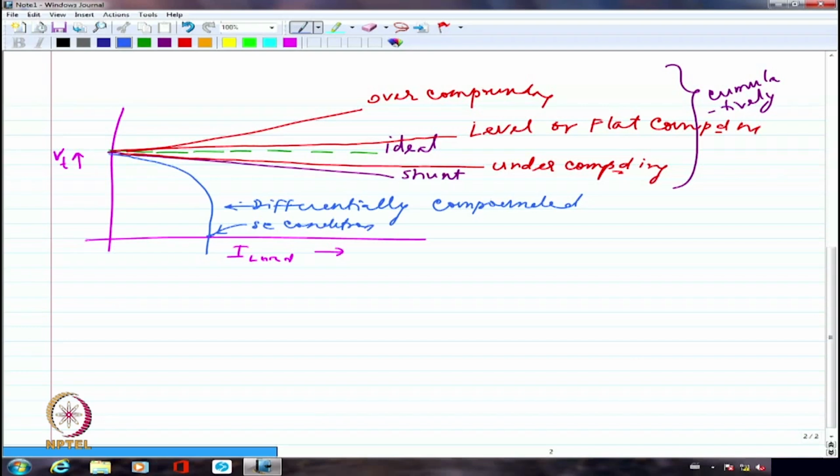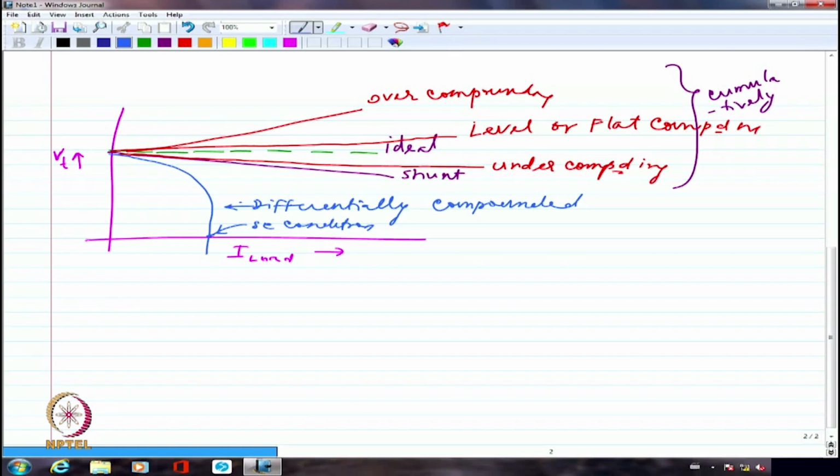Whereas all the other applications would require generally a cumulatively compounded generator if I am talking about holding the voltage almost constant, or if I want a slight increase in the voltage as the machine is being loaded further and further.